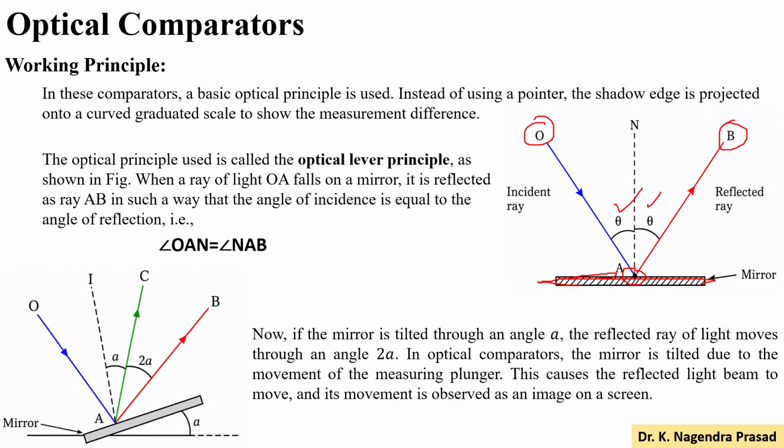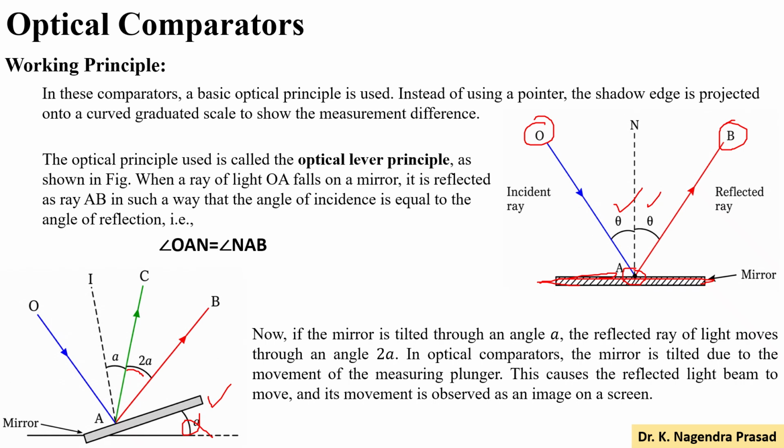Now if the mirror is tilted through an angle alpha, so let's see here. The mirror is tilted through the angle alpha. Then the reflected ray of light moves through an angle of 2 alpha.